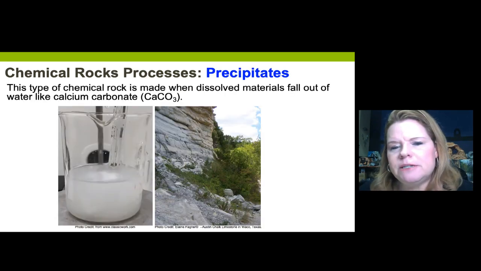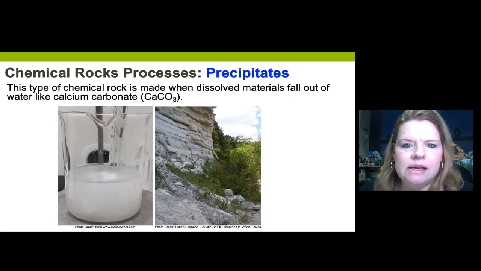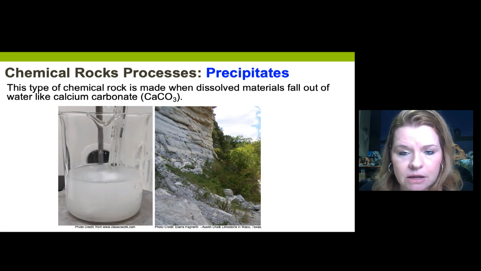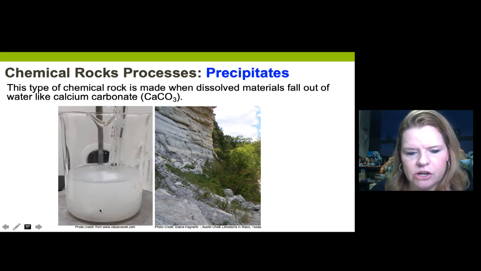When you think of precipitates, another thing that can happen is that we get a solid that falls out of suspension when it's in an aqueous type of situation. So on the left you see a test of making calcium carbonate, which is going to be calcite. And the calcium carbonate, you can see solids are starting to fall out of suspension here.